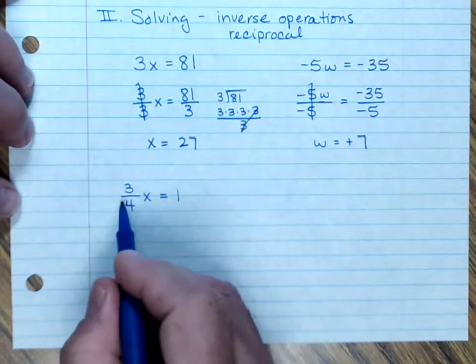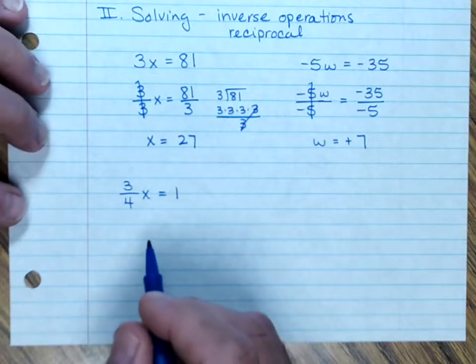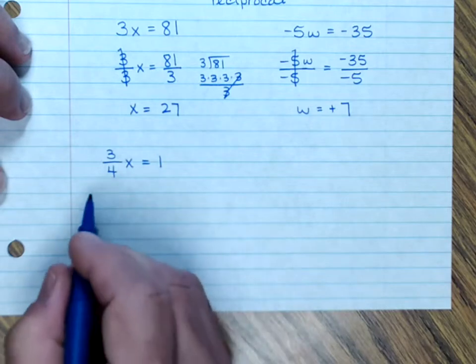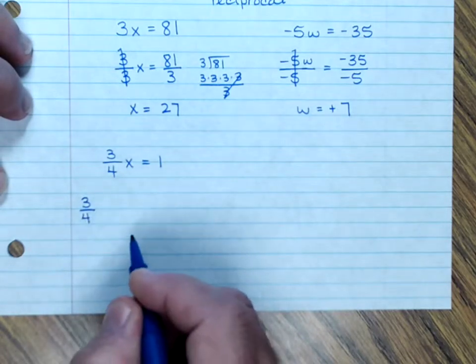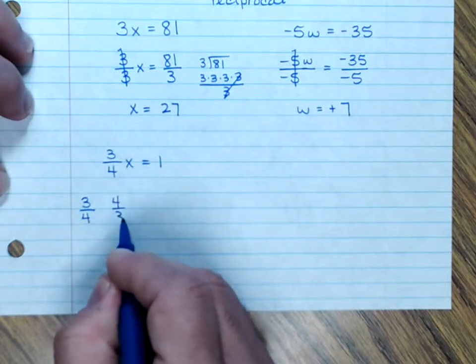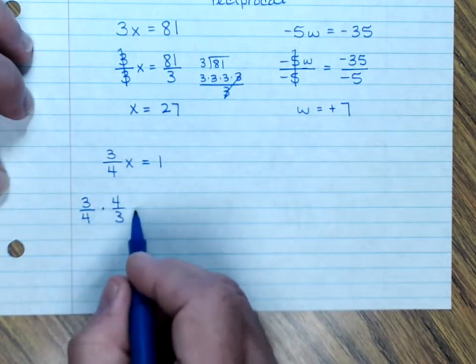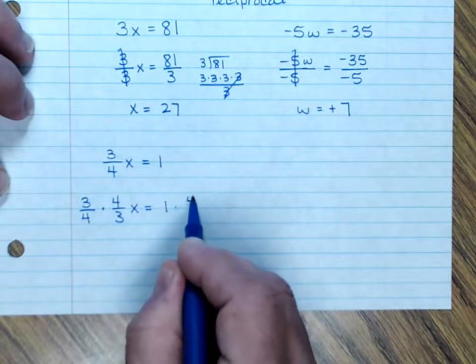But anytime I see a fraction, I just go back to multiplying by the reciprocal, which is something that we've talked about in the past, many times in the past actually. So the reciprocal of 3 over 4 is 4/3. We're going to multiply them because they're multiplicative inverses. There's my x. And then I'm going to do 1 times 4/3.